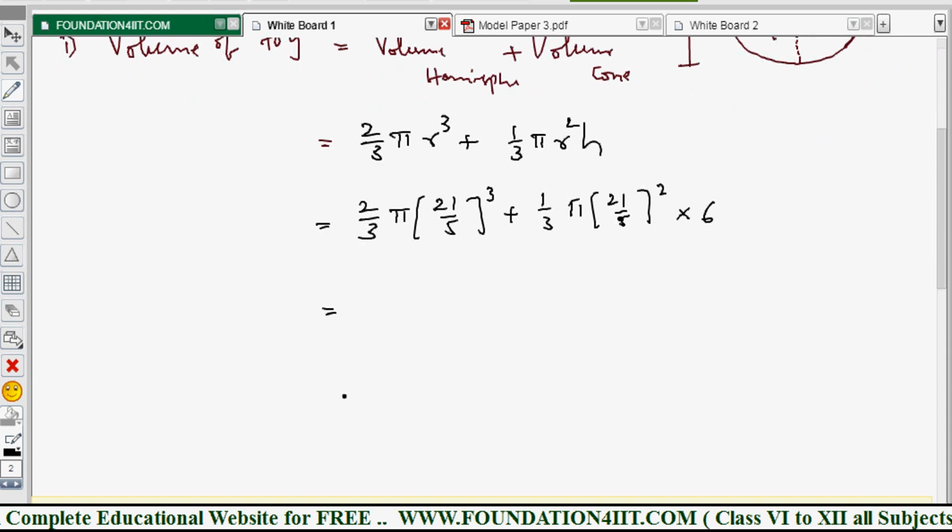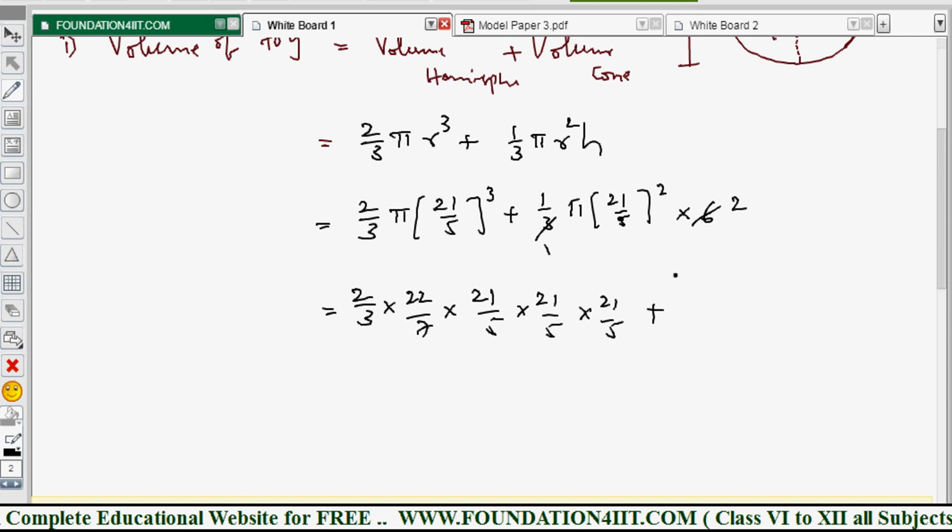So take 2 by 3 common. If you simplify and take common, 2 by 3 into the pi value 22 by 7. If we cancel, 3 ones are 3, 3 twos, I can cut. And 21 by 5 into 21 by 5 into 21 by 5.